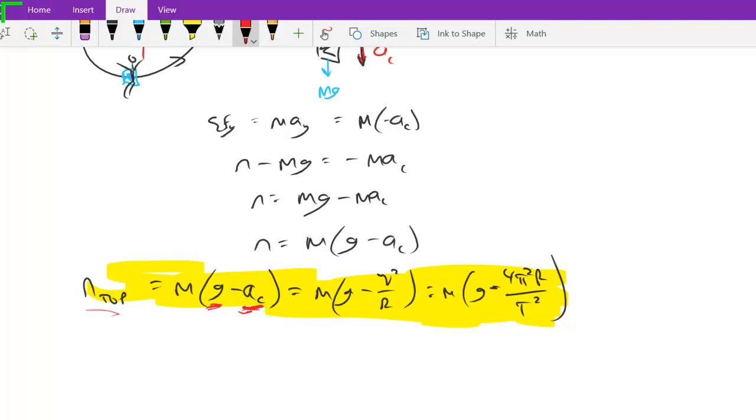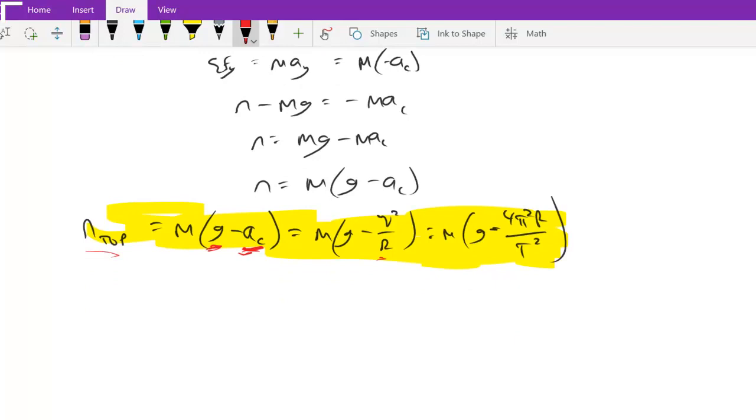So if we're going in a fast enough Ferris wheel, such that v squared over r is equal to 9.8, then we would feel weightless at the top momentarily. That's why faster rides are more exciting. We feel weightless and things like that.